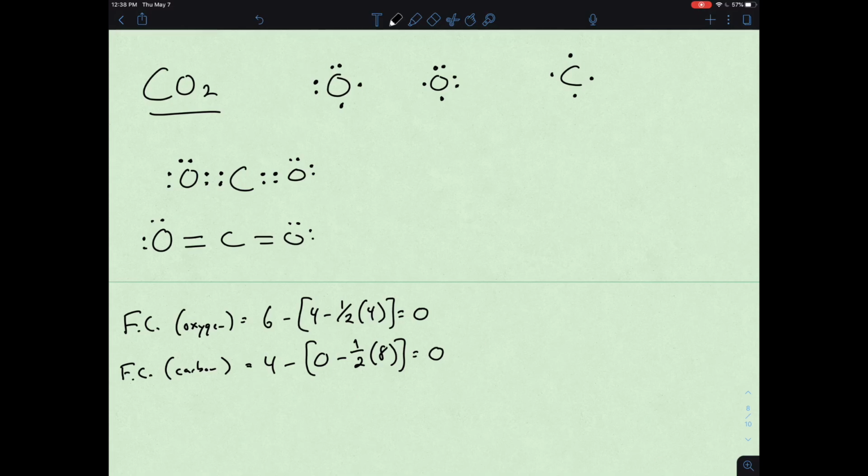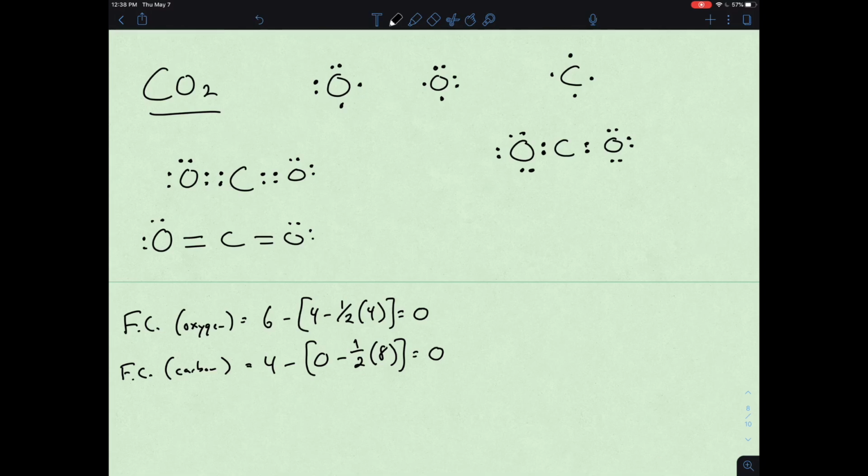But you might find that you run into problems. Like, what if you just so happen to draw the structure, I'm not sure why, but like this? If you count up the number of electrons, it actually has the same number of electrons. We have 6 from each oxygen, so that's 12, and then 4 from the carbon, that's 16.